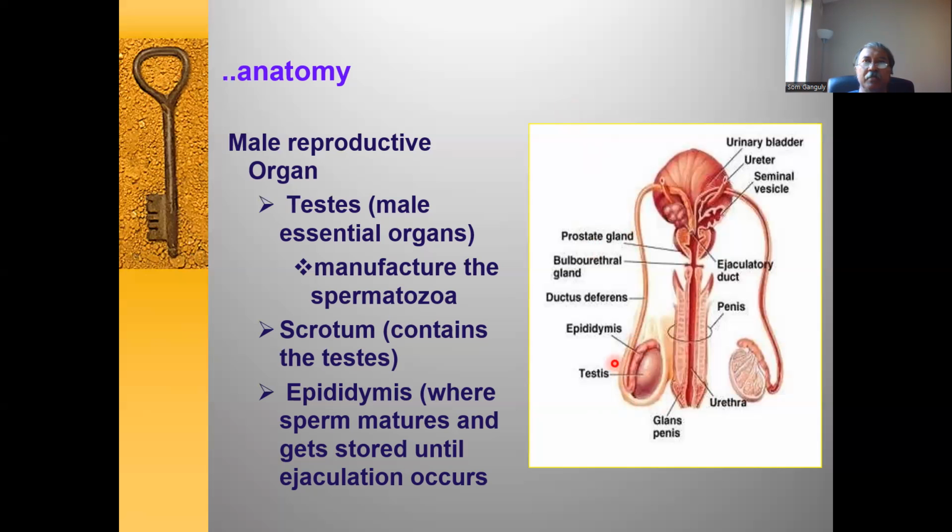So the primary male organ is testis. The primary female reproductive organ is ovary. Without ovary, ova will not be produced. Sperm and ova cannot reproduce, cannot make the embryo and move forward with the reproductive cycles.